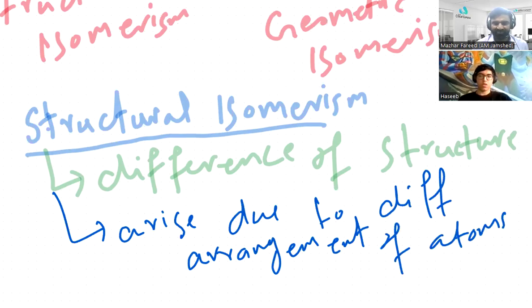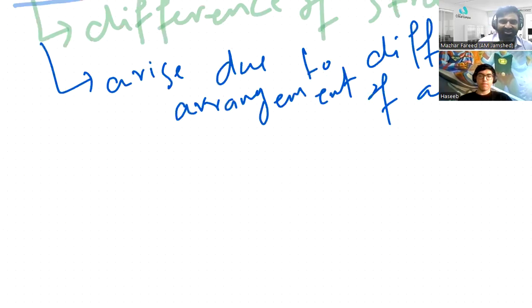So we see there are 5 types of structural isomerism. We have to discuss them first. First type is called chain isomerism.